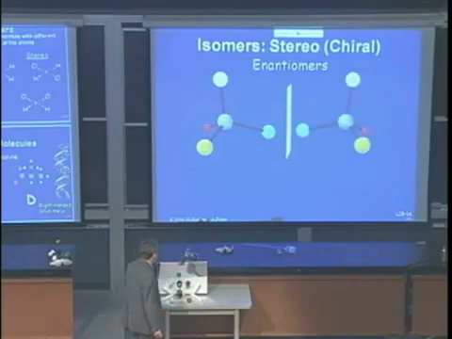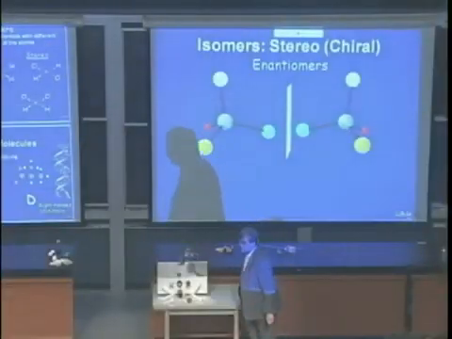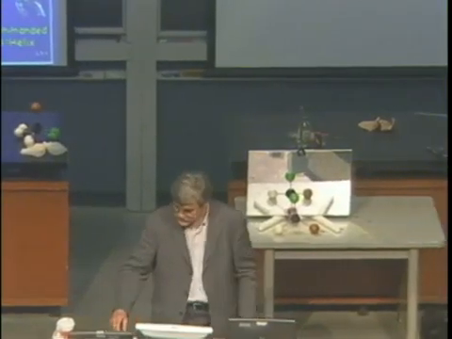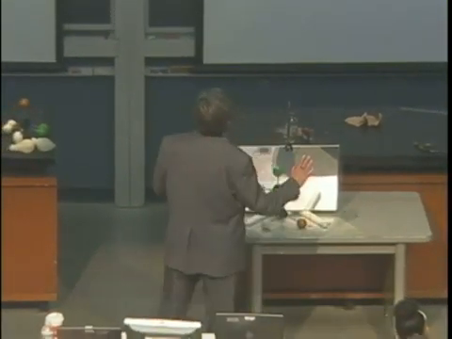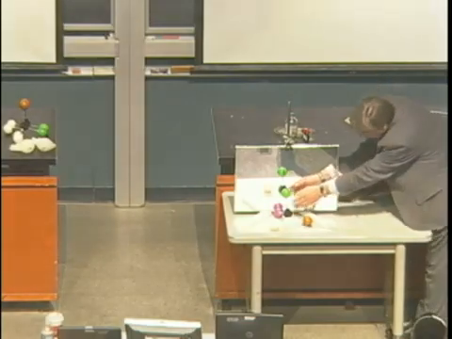Look at this. If I could have the camera on me, please, and the mirror down here, because we're going to do this now. So I have here my molecule. You see that?